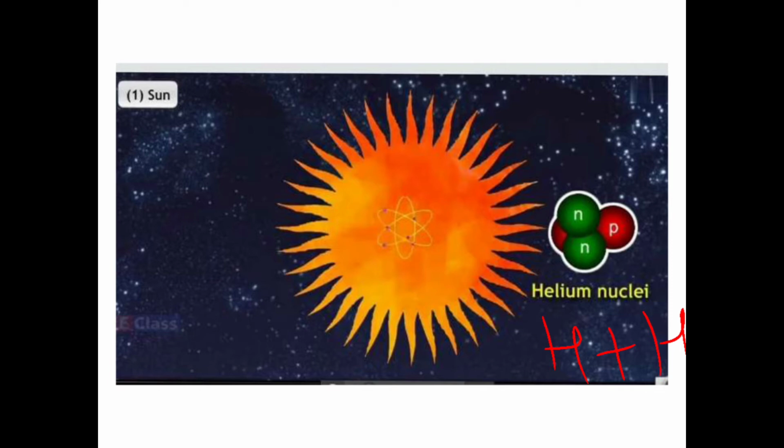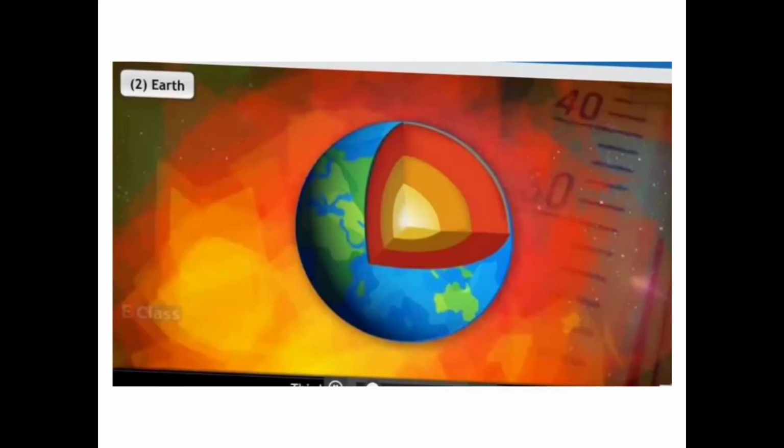Okay, so in this process, a lot of heat is generated. When hydrogen fuses to form helium nuclei, lot of heat is generated and some of it is reaching to the earth also in the form of light and heat.